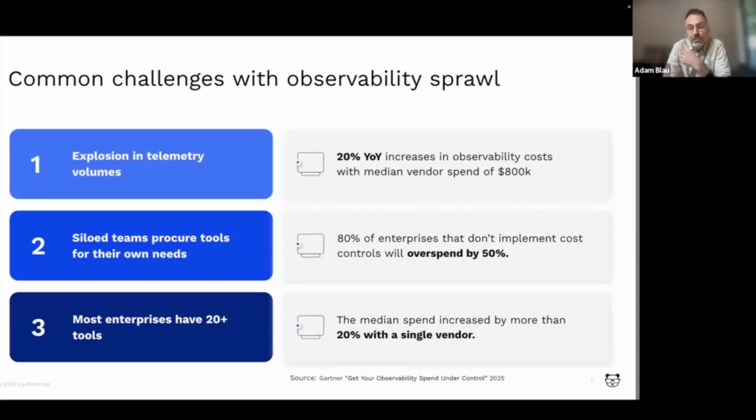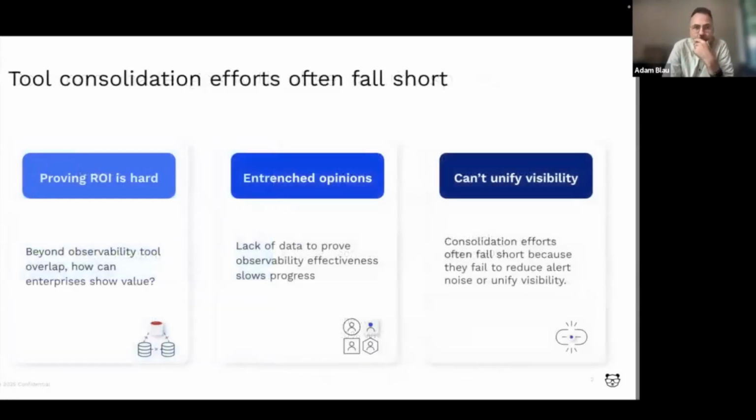So what's going on here? Why is this so challenging for customers? If we go to the next slide, Josh, I want to talk about why customers might have a 3-year process, or why it has been so difficult to bring down the number of tools.